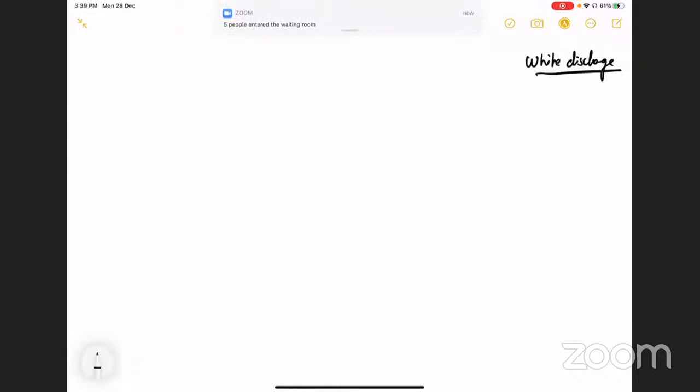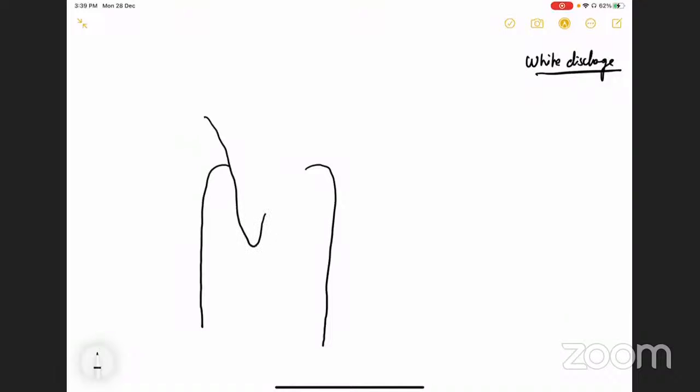Now, what is important for all of you to understand as far as white discharge is concerned is this entire thing. I'm going to try and draw out the entire anatomy. When I draw the anatomy, this is what you are supposed to look at. This is the vagina, and above the vagina is the uterus.